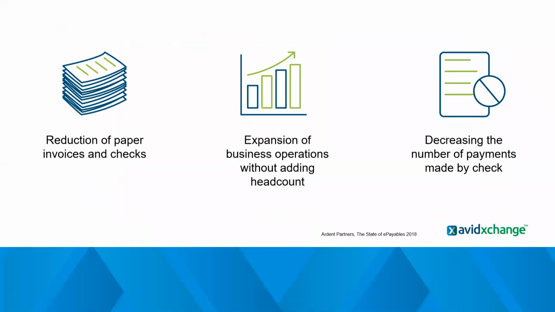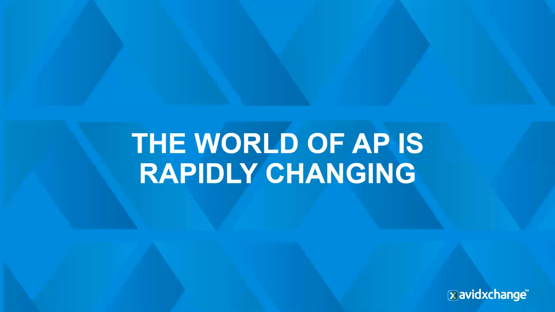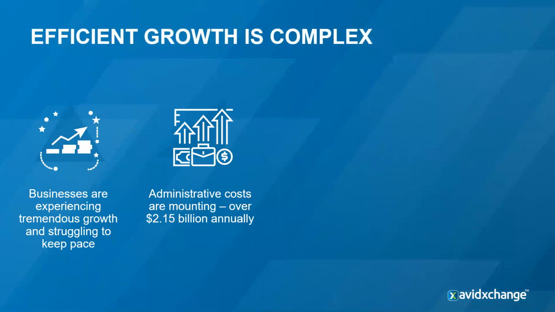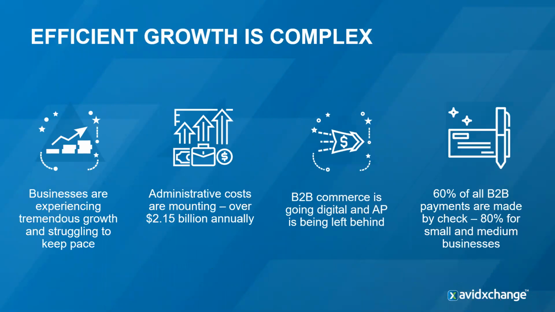So we're now going to step through how the world is changing through AP automation. Here are the 4 big things that are changing in AP automation. As companies start to grow, how do they struggle to keep pace with the administrative costs?